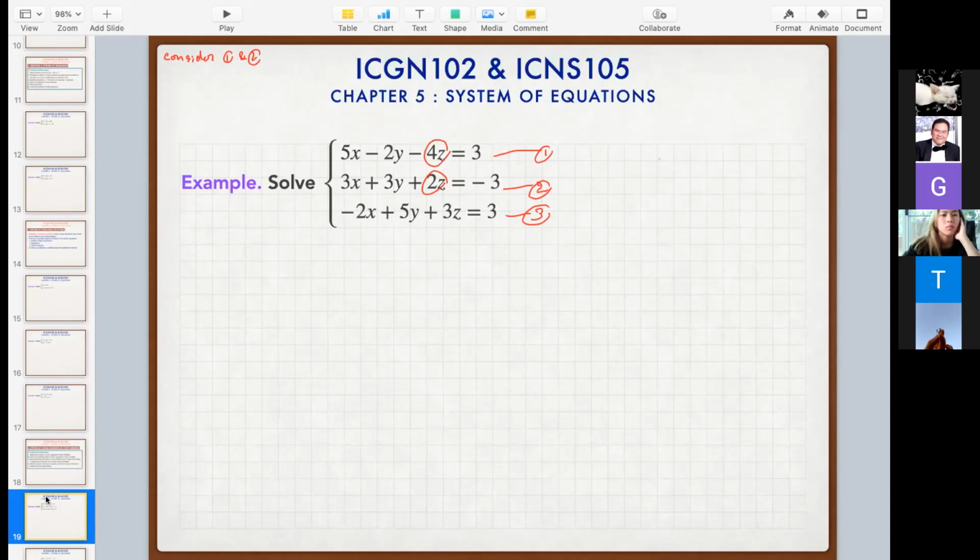So I multiply equation number 2 by 2, then I get 6x plus 6y plus 4z equals negative 6.